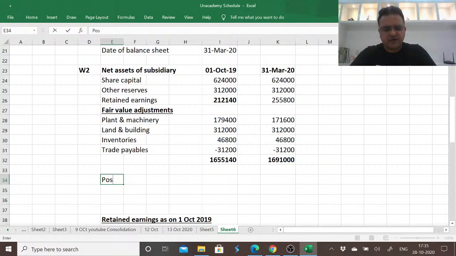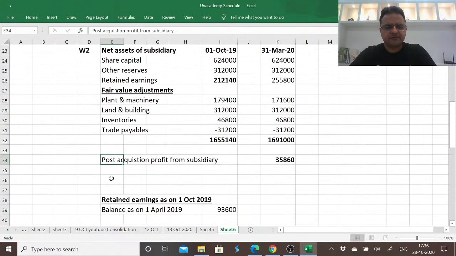Post acquisition profit from subsidiary is equal to 1,691,000 minus 1,655,140, that is 35,860, in which parent share is 70% of 35,860.